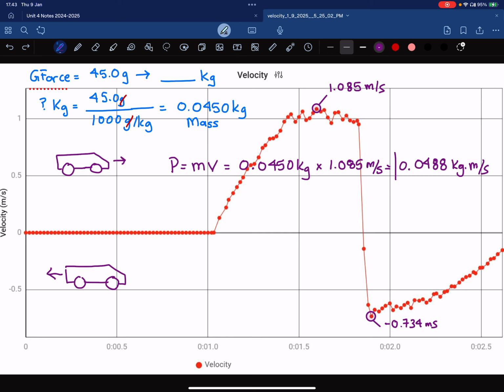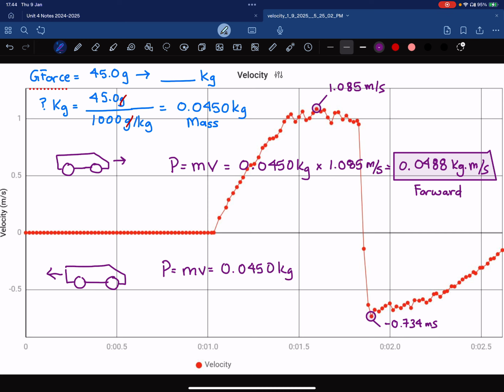Now, the one on the bottom is also P is equal to mv, of course. The car has the same mass.